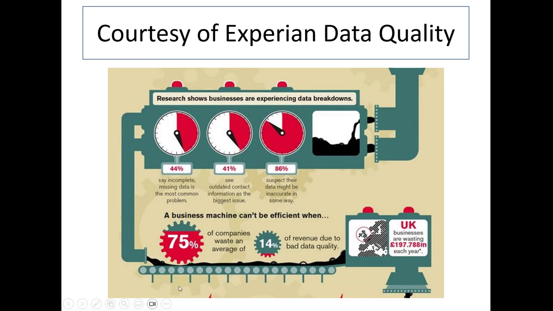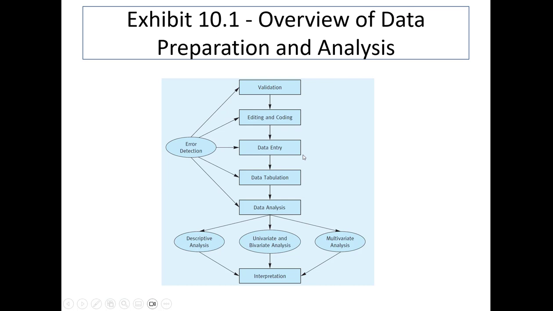And then the output from all this bad data is 75% of companies waste around 14% of their revenue due to bad data quality, which adds up to quite a big number from wasted data.